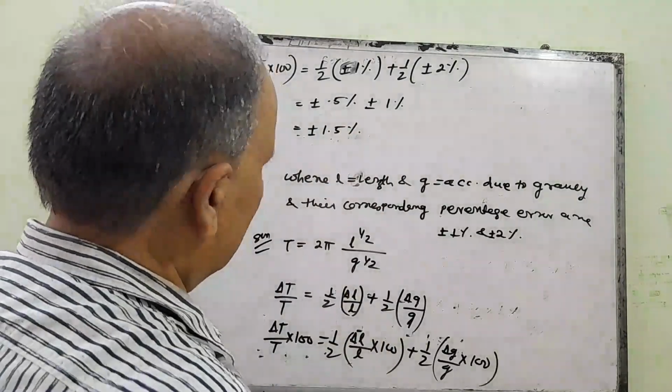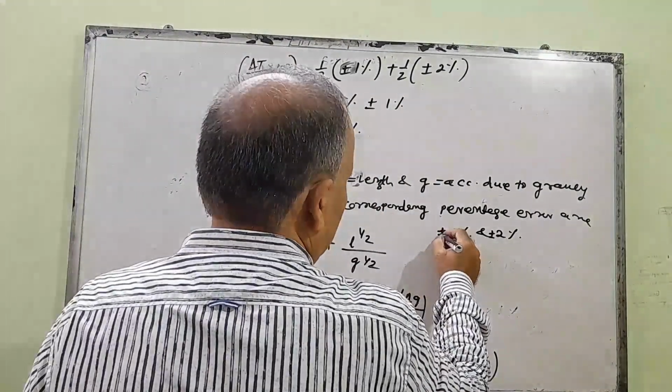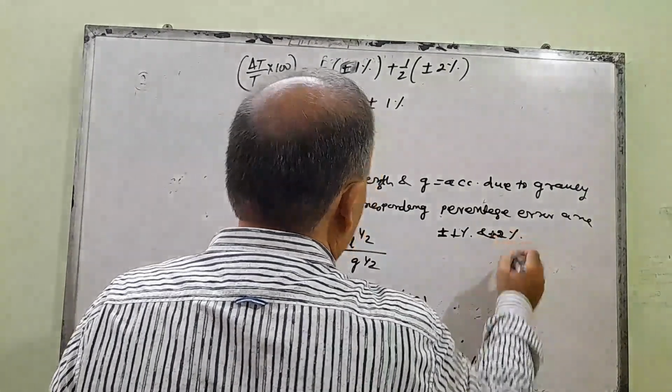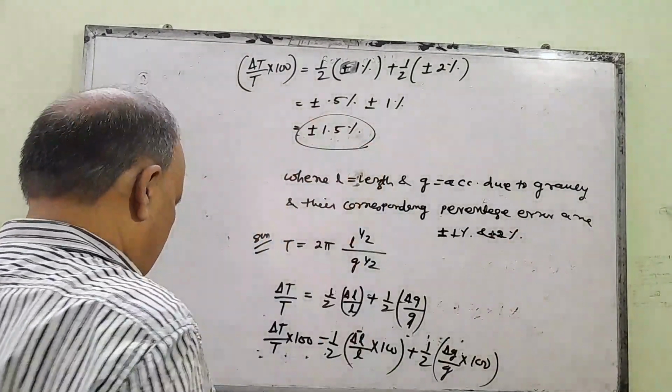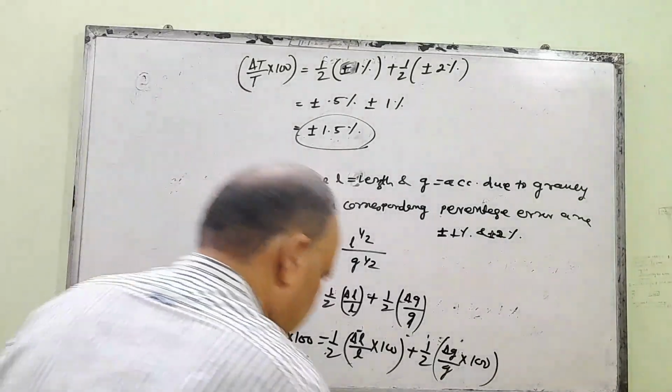This is your percentage error, it may be given in plus or it may be given in plus minus. So this is the percentage error of the time period of a simple pendulum.